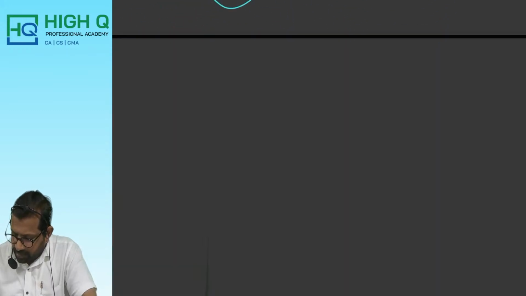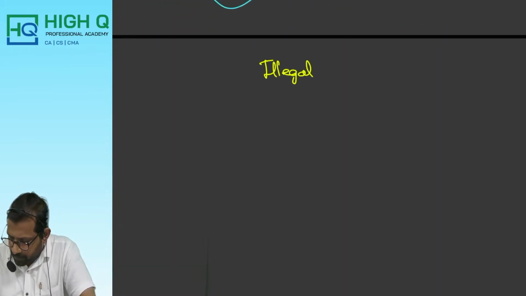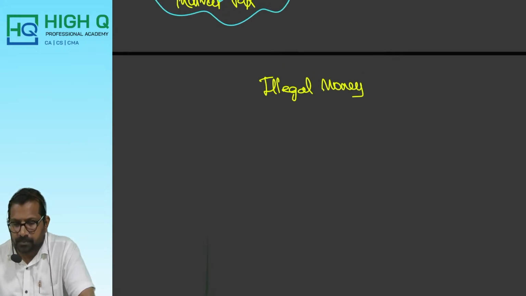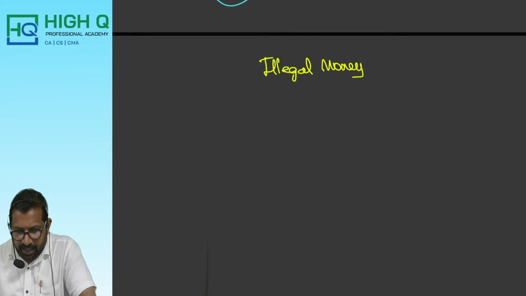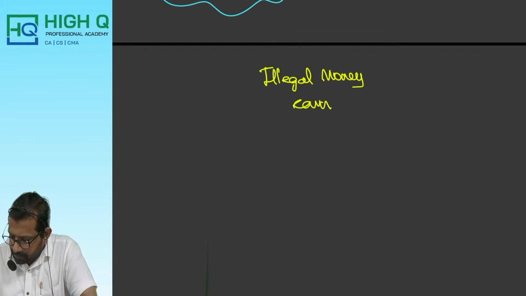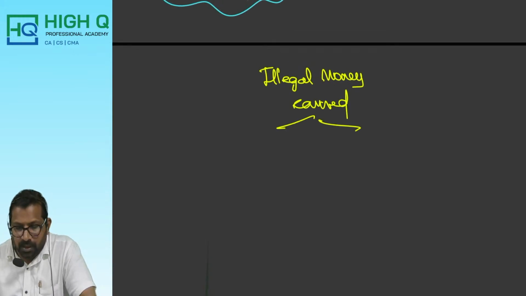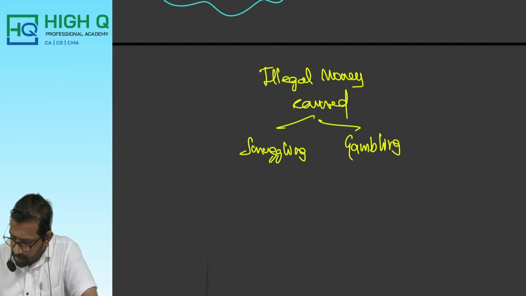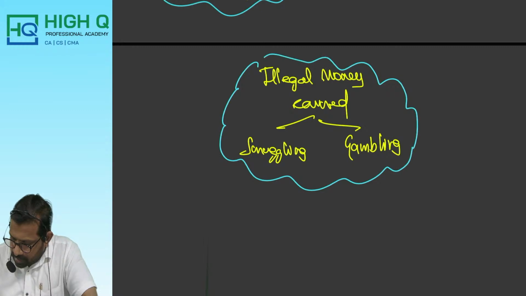Second one under the income method is illegal money earned, through smuggling or gambling.